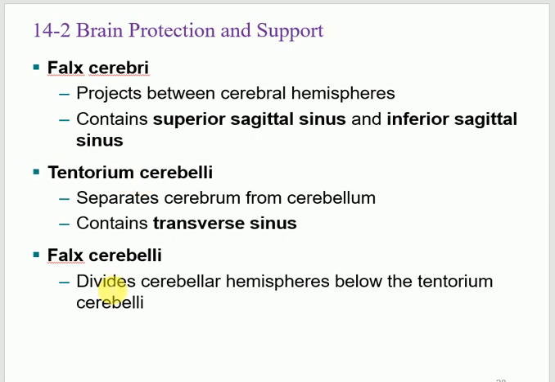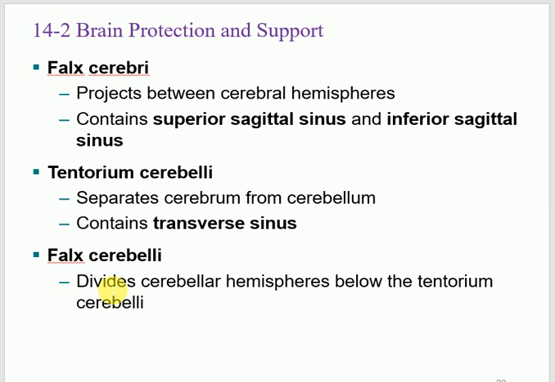Last one, falx cerebelli. What's a falx cerebelli? Did I explain the falx cerebri? Are you guys following the difference? Cerebrum, cerebellum. Cerebrum, no L's. Cerebellum. Cerebrum, the two hemispheres, the big hemispheres. Cerebellum with two L's, this is the tiny brain in the back.